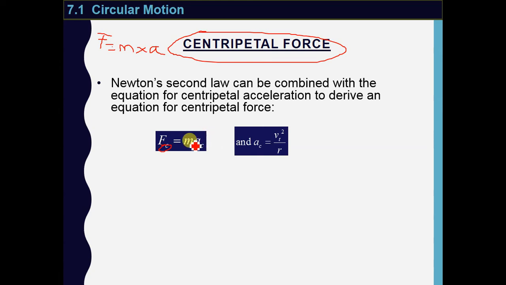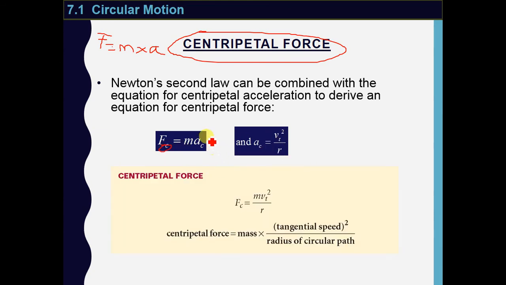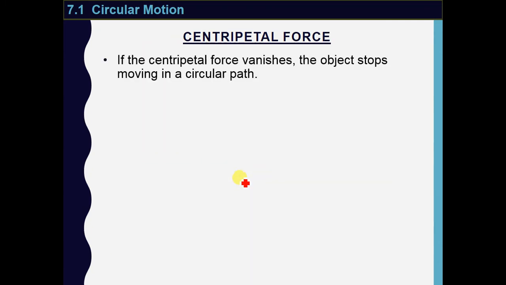And we already know that the centripetal acceleration equation is vt squared over r. Combine these two together: replace centripetal acceleration by its formula. You will get centripetal force equals m vt squared over r. So this is the equation of centripetal force that we will use in this lesson.